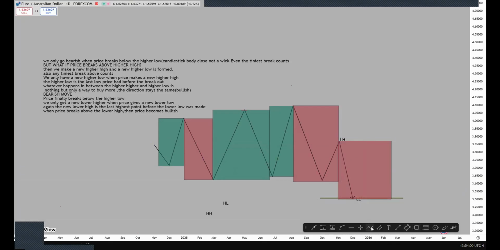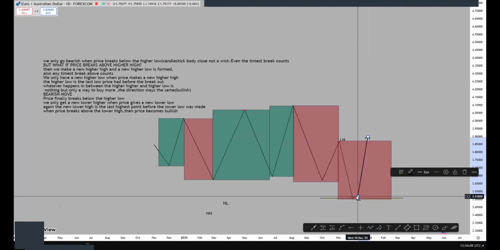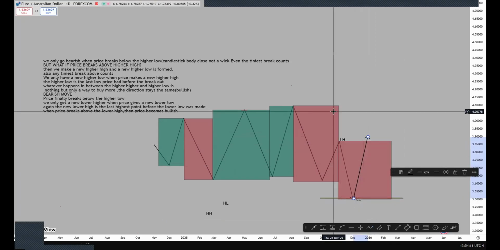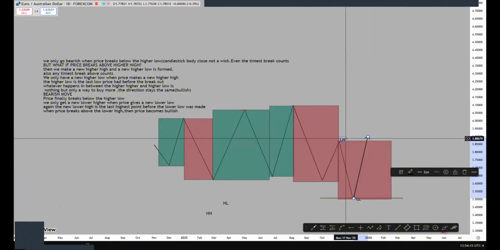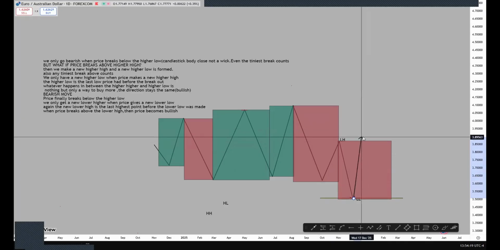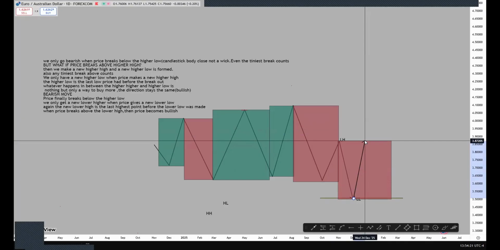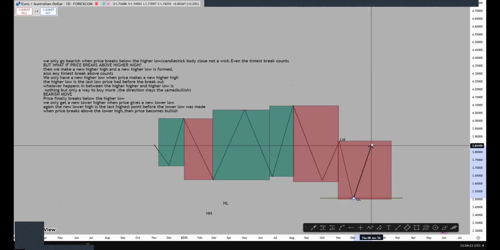The moment price gives us this break above here, and then price has gone bullish, just like that. We don't have to wait for price to break above this level because the lower high has changed. The rule is once we get a break above the lower high, that's when price goes bullish.